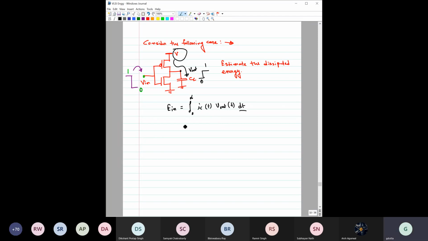Then what is the current flowing through a capacitor? What is V out maximum voltage? This maximum voltage is going to be this V only.